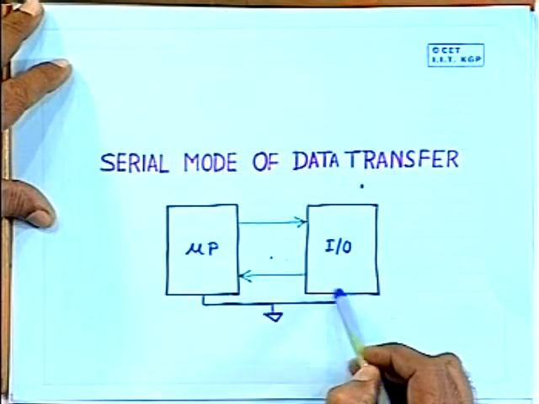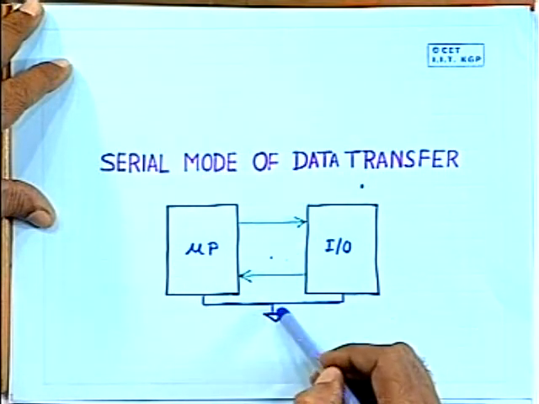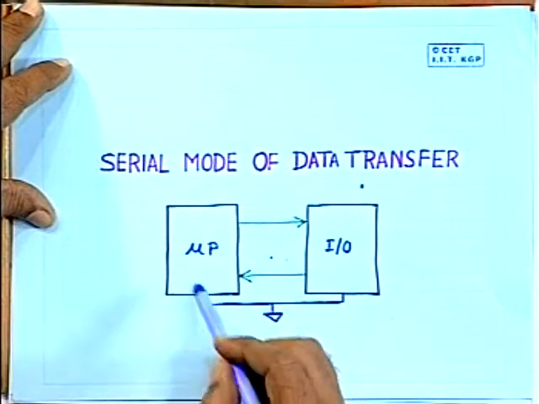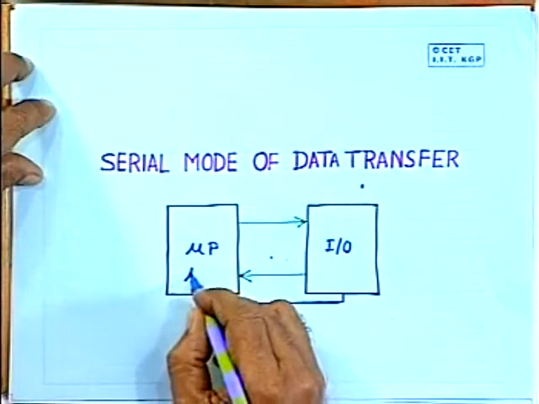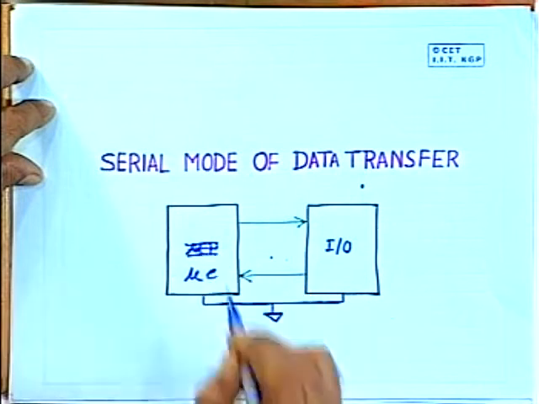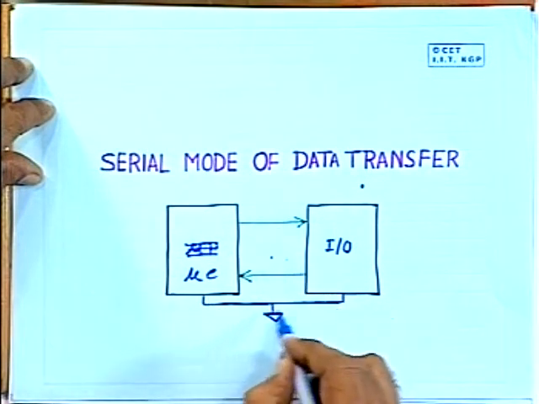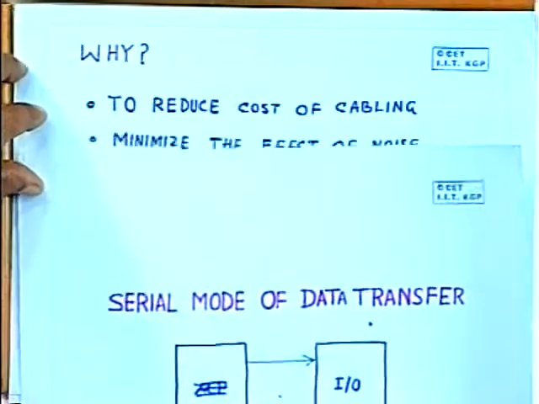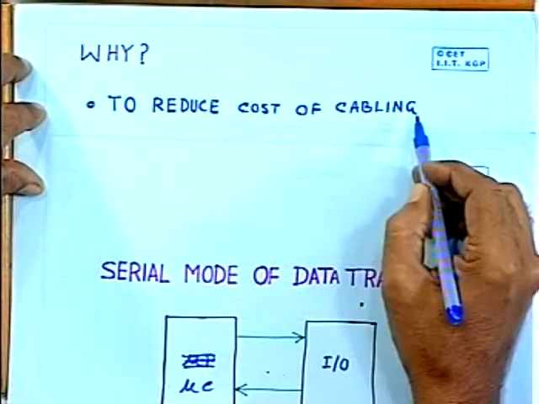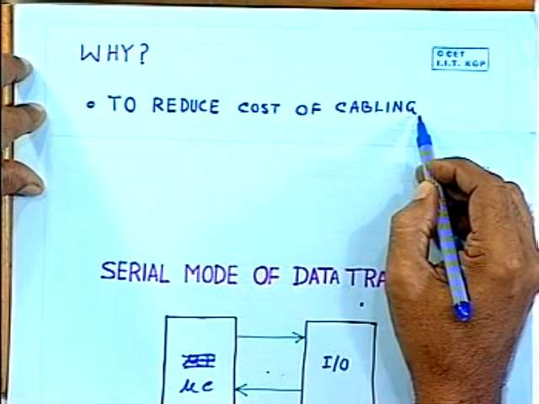On the other hand, if you use a serial line, you require only a pair of wire and a common ground line, so only 3 wires have to go from the microcomputer. So here it will be microcomputer, not really microprocessor, and from the microcomputer to I/O you will require a pair of lines and a common ground line. So the cost of cabling will be reduced if you use serial mode of data transfer.